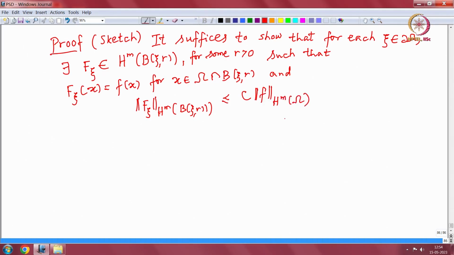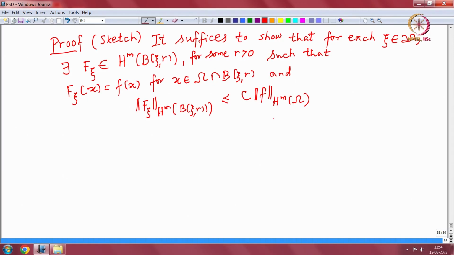Okay. So, if we can show this one, then we can apply the previous result and obtain, by using partition of unity, an extension of little f.